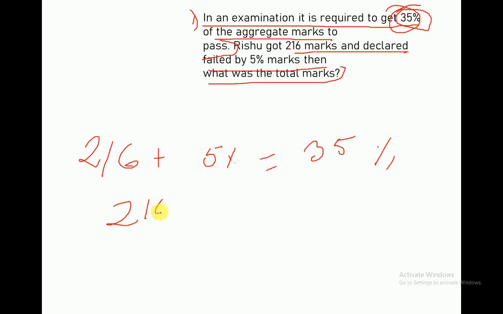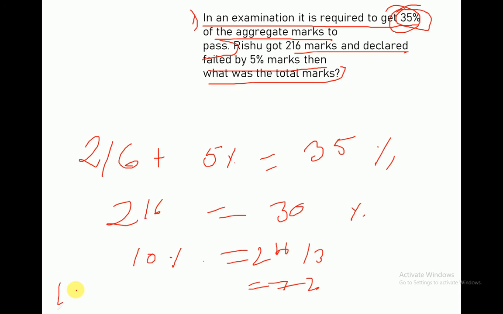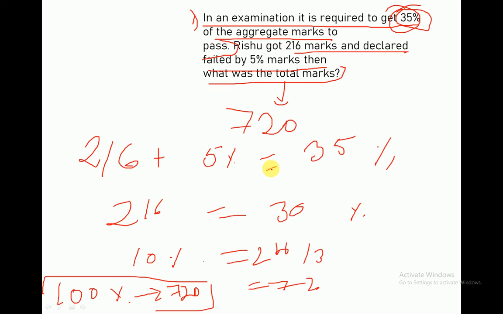So if we equate now, 30% would be equal to 216, and 10% will be equal to 216 by 3, which is equal to 72, and the total marks, which is 100%, will be equal to 720. This is the answer. Total marks would be 720.